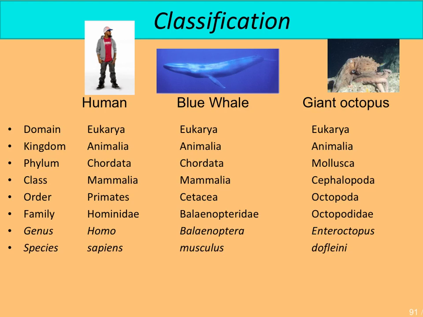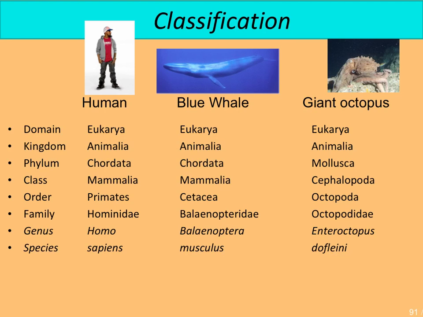If we go down to class Mammalia, that means they're mammals. Two of them are mammals. Cephalopod is a different class for the mollusks. Same thing with primates and cetacea. So as you get further down the list, you get more specific.